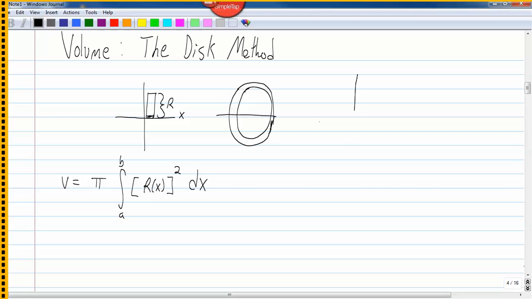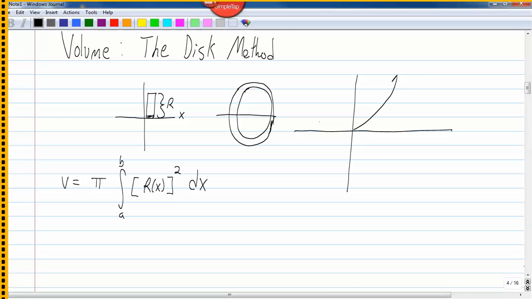You might be thinking of a radius as a finite number, like I can get a tape measure and measure that radius. Well, maybe your function's graph looks something like this.